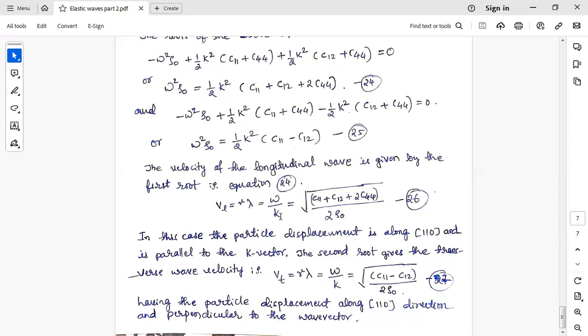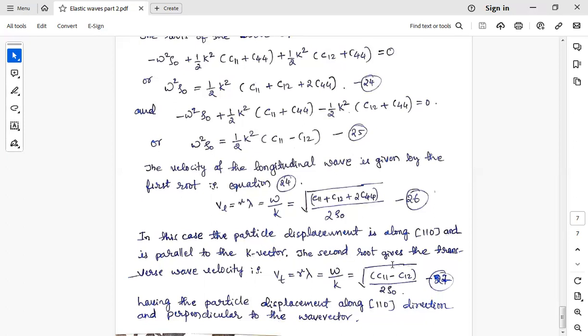When you write omega by k, you take the root of that. In this way, you got an expression for the velocity of the longitudinal wave. In this case, the particle displacement is along the 110 direction and is parallel to the k vector.